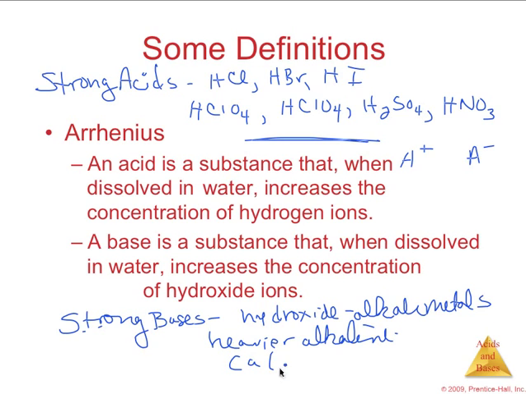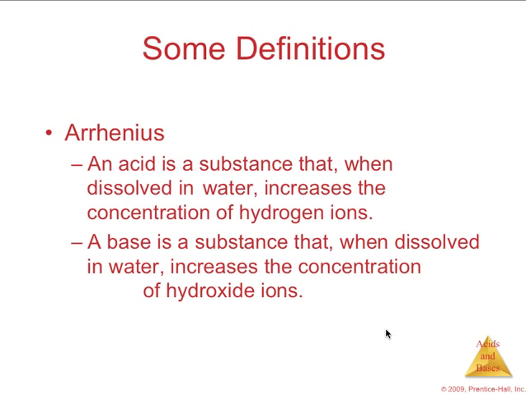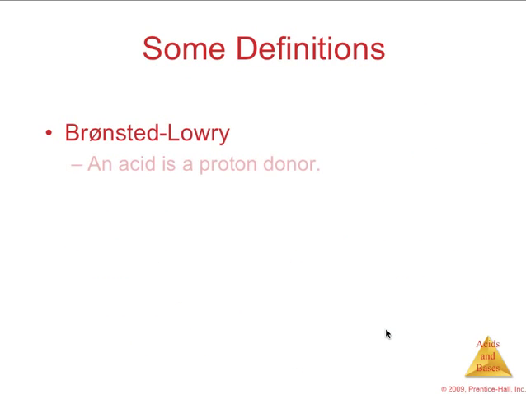So that would be calcium hydroxide, barium hydroxide, and strontium hydroxide. Heavier group 2, meaning the ones at the bottom of that group. Okay, moving on to another definition, and these were just kind of getting the definitions out of the way. We're going to be using them much more shortly.